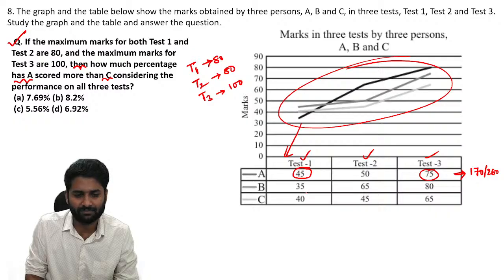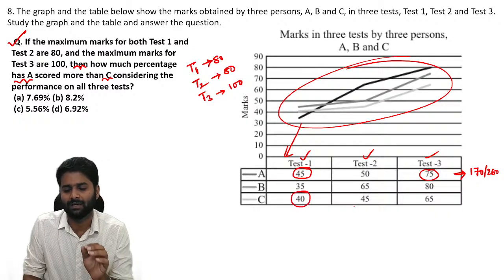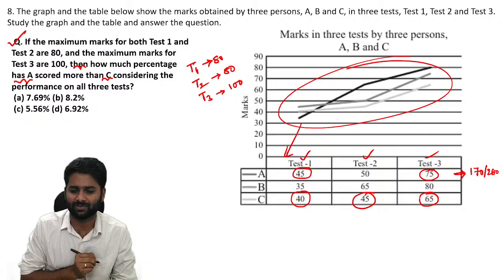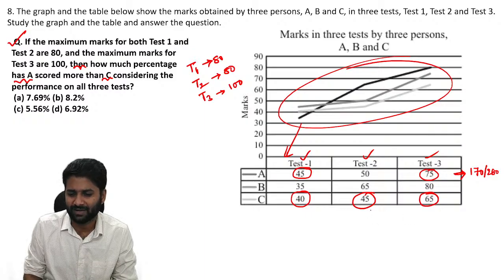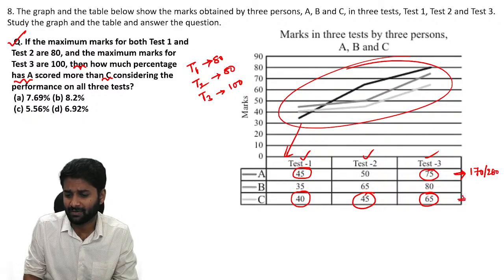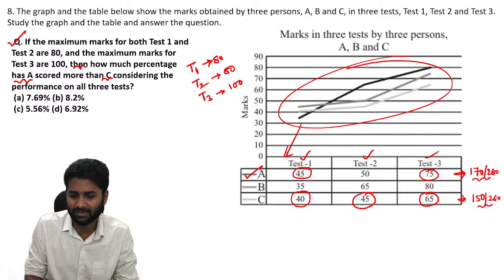In the same way, we have to identify the sum of the three test scores for C: 40, 45, and 65. So here 70 plus 40 is 110 plus 40, 150 out of 260. And if you check this calculation, A's score is more than C's by 20 units out of 260.